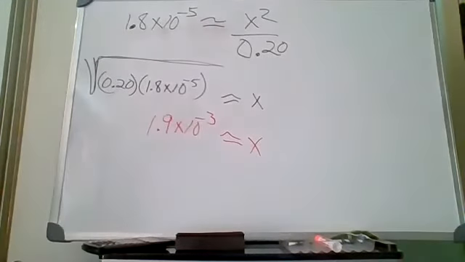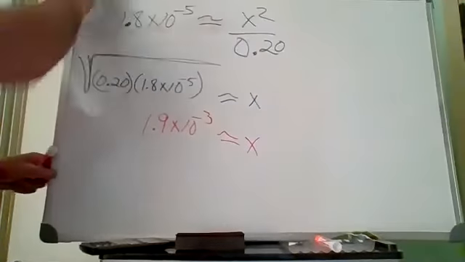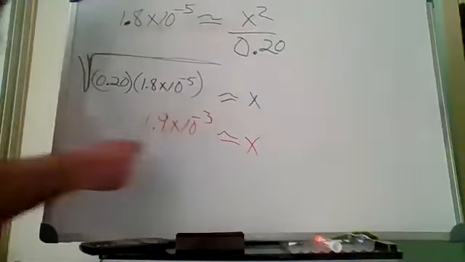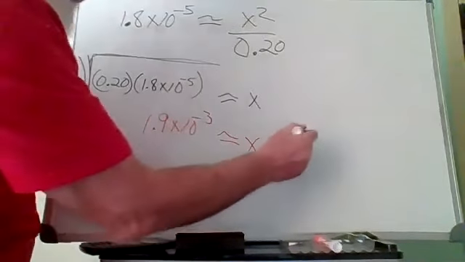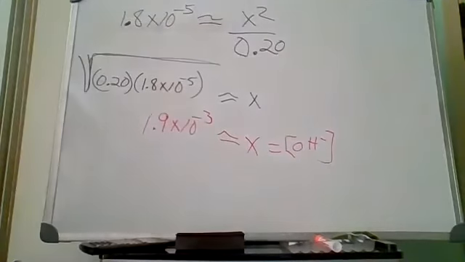Now remember that x was the hydroxide ion concentration. This is equal to OH minus from our ice table.